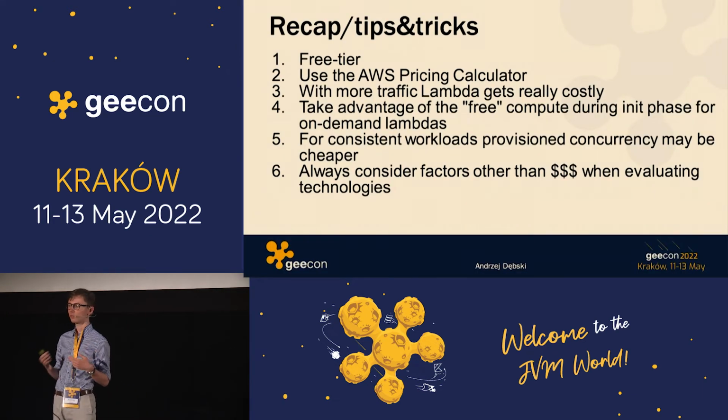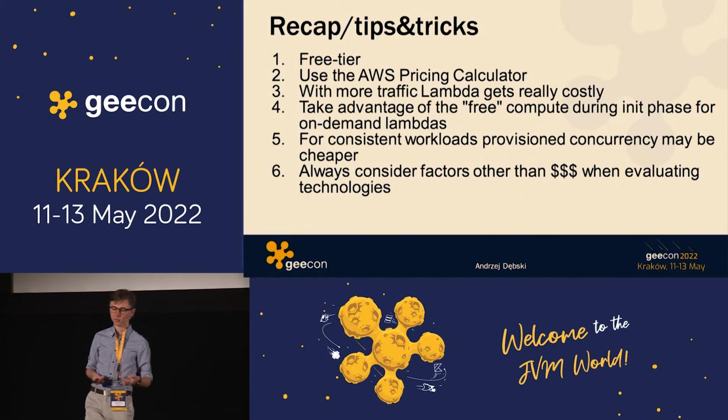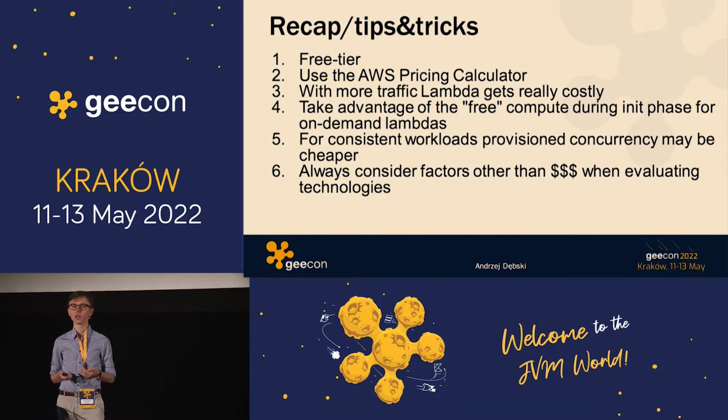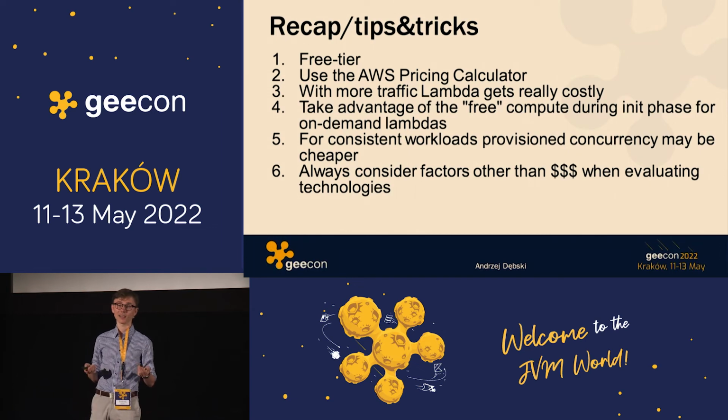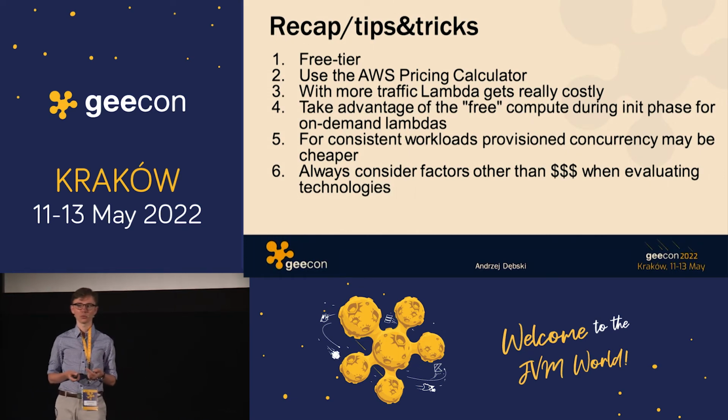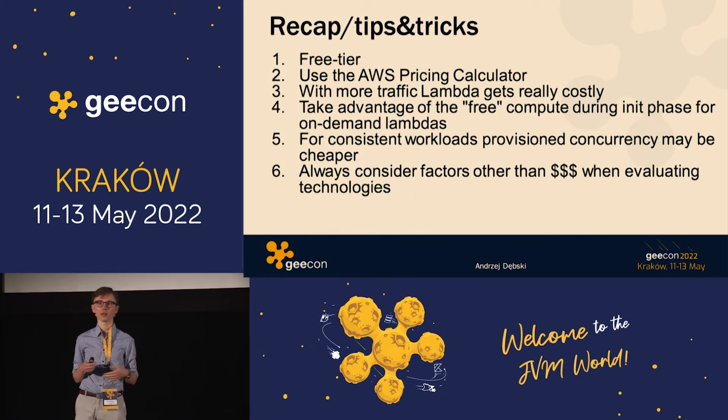Some tips and tricks, and basically summarizing this section. 1. Remember about free tier. It's 1 million requests. It can be quite a lot, especially if you don't want to create a live service and you just want to do some plumbing, maybe for your development infrastructure.